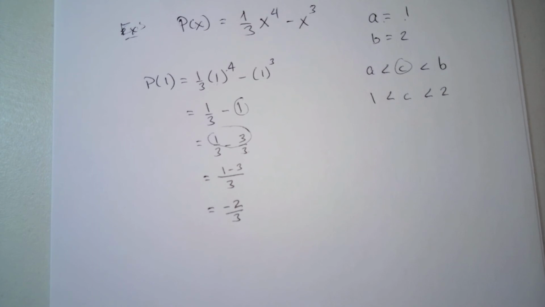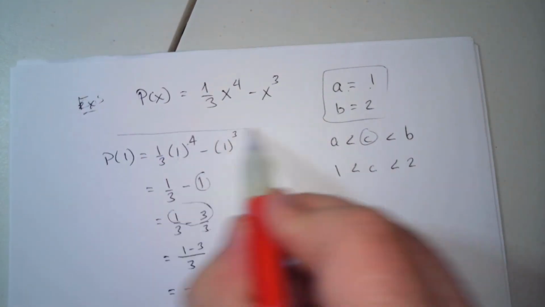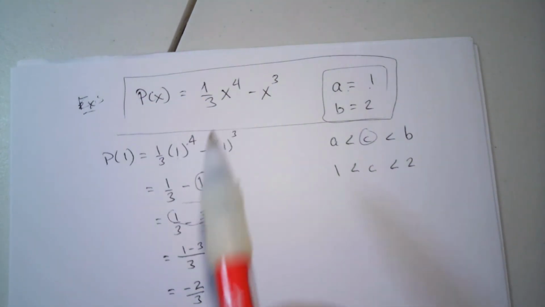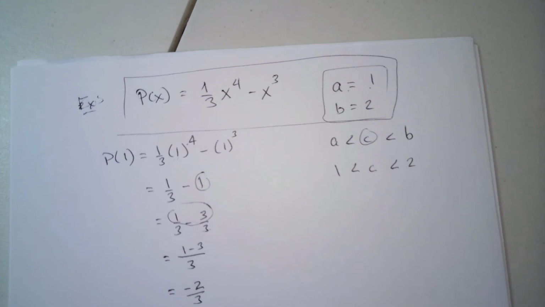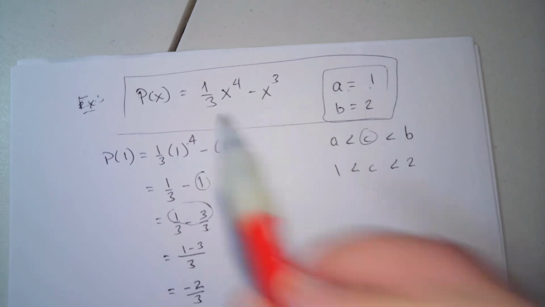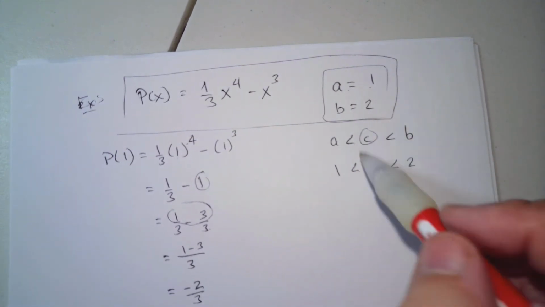Yeah, these are just given. This whole thing is given. I gave you the function. So I gave you the polynomial. I'm going to say, okay, at these 2 points, let's see what the values are.